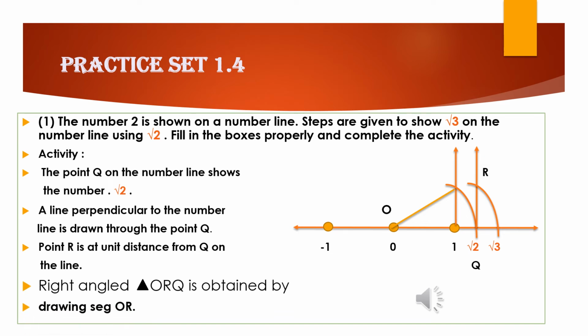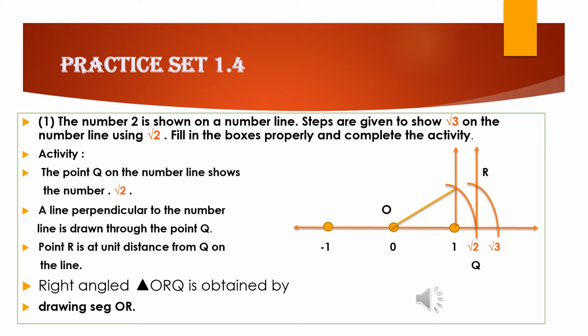Let's see practice set 1.4. First sum. The number 2 is shown on a number line. Steps are given to show root 3 on the number line using square root 2. Fill in the boxes properly and complete the activity. So step number 1 is the point Q on the number line shows the number root 2.